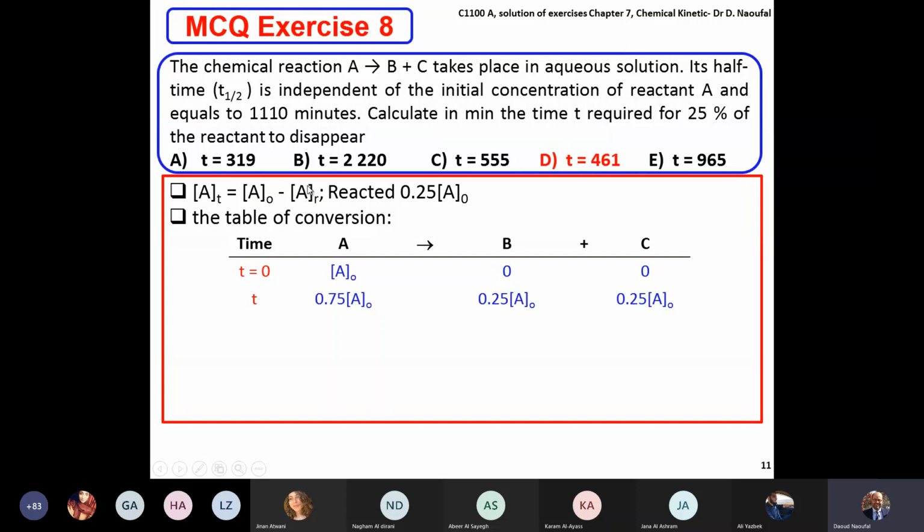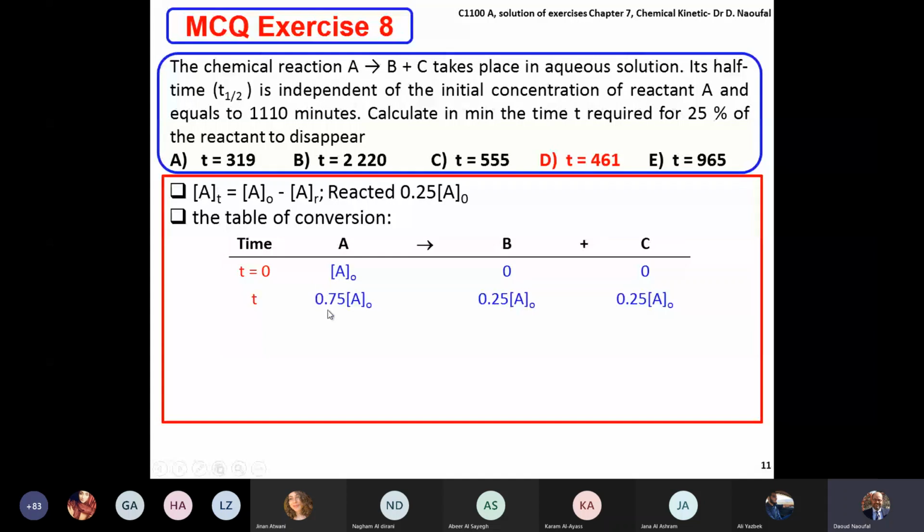If 25% of A has reacted, it means 75% of A remained, so we have 0.75 A0. The stoichiometry: minus x, x, x. So if x equals 25% of A0, x is the quantity reacted.